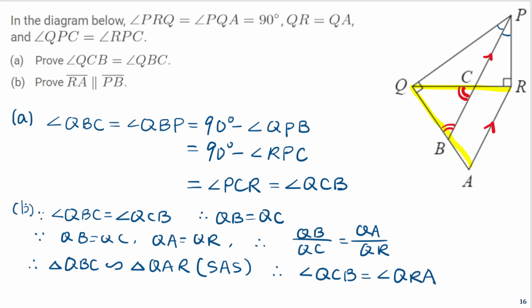If QCB equals QRA, then corresponding angles are equal, indicating the two sections are parallel. So PB must be parallel with RA. Okay, any questions?